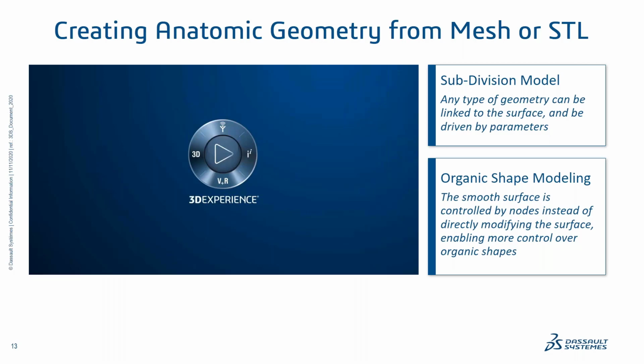And so their surfacing tools were greatly expanded about 3 or 4 years ago to start being able to draw directly on, and start doing reverse engineering on more organic shapes. And that's really where the tool bench started getting a lot of additional functionalities that made it very powerful to create these subdivision surfaces on any type of mesh or STL.